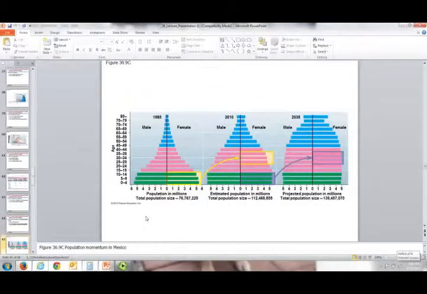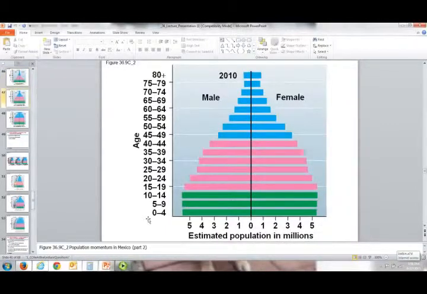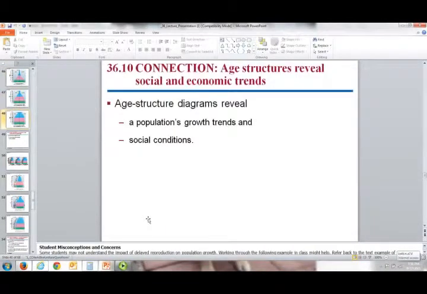So this is just showing some different patterns for population growth in humans. And this just shows the tables a little bit larger. So age structure is also going to be tied to social and economic trends.